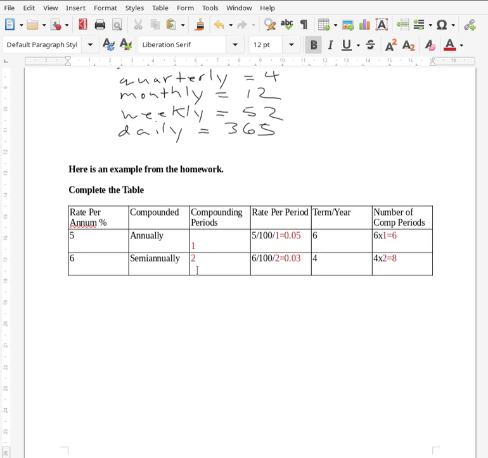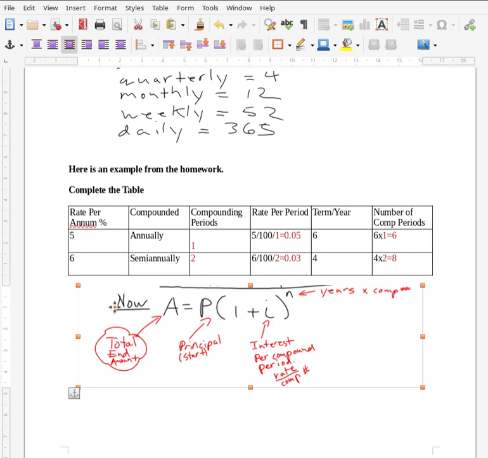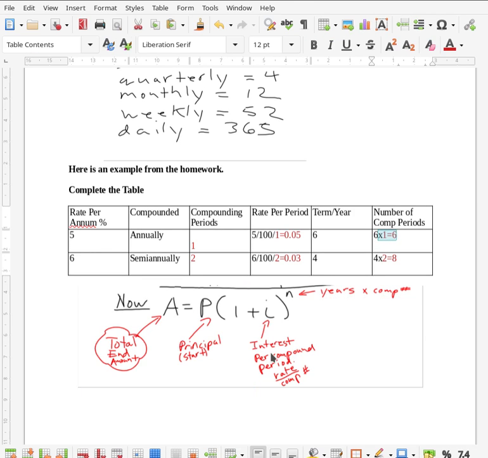So now we're going to use this basic equation: A is equal to P times (1 plus i) raised to the power of n, where n is the number of years times the compounding number, i is the interest per period, which is right here, and P is the starting amount.